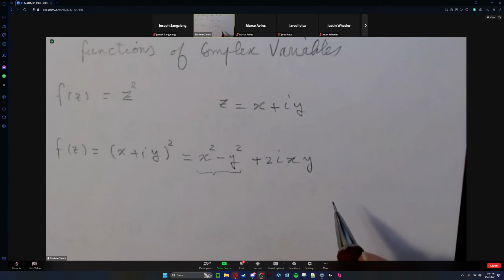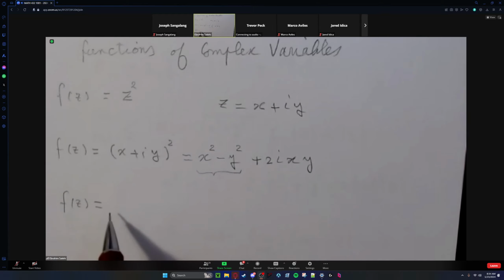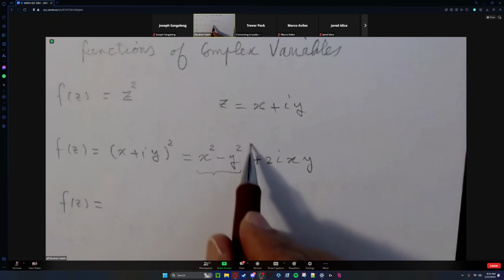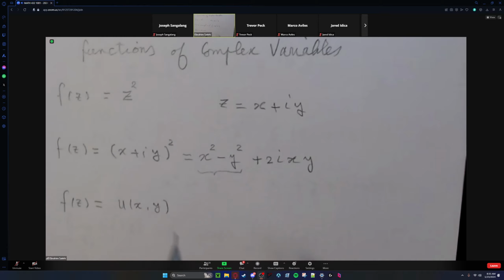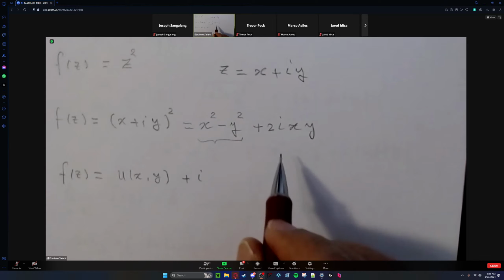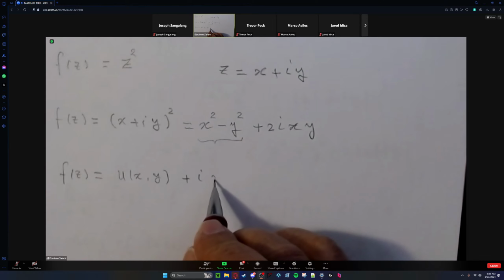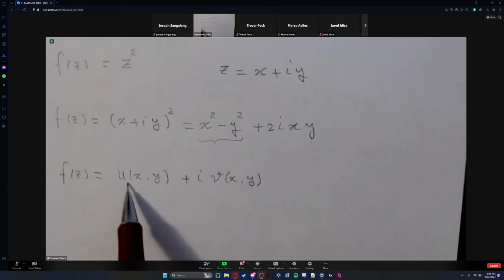Well, in general, a function of complex number or complex variable can be written as its real part in terms of x and y plus i, the imaginary part, let's call it v(x,y). So what are u and v? u and v are functions of two variables, but the variables are real.